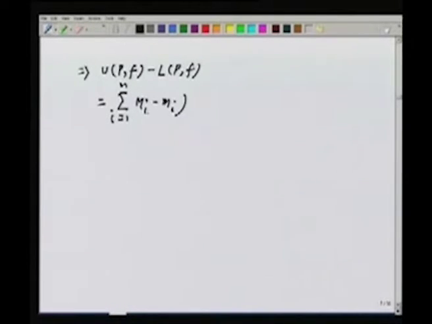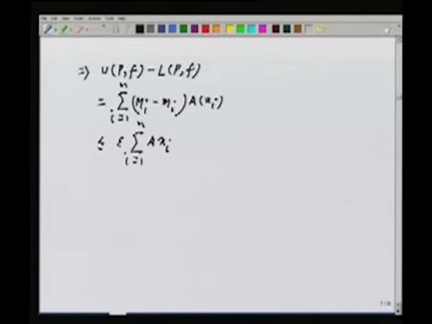So this implies that UPF minus LPF, which is the summation i from 1 to n of capital Mi minus little mi times delta xi, is less than or equal to epsilon times the summation i from 1 to n of delta xi.